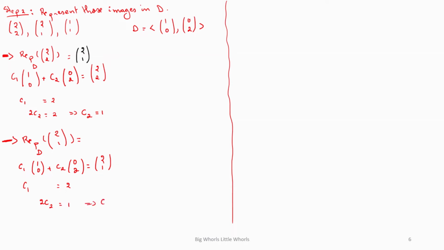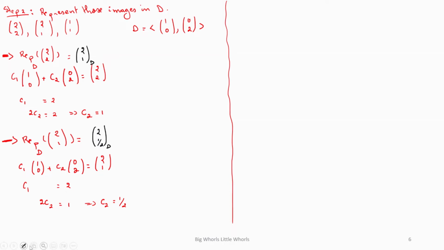That means C2 equals a half. Therefore, our representation is (C1, C2), so it's (2, 1/2). Sometimes we can write the basis later there, or we can just ignore it.